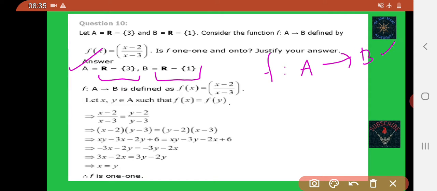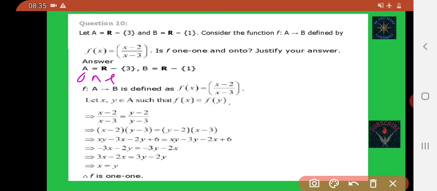Okay, so first we check the one-one function.